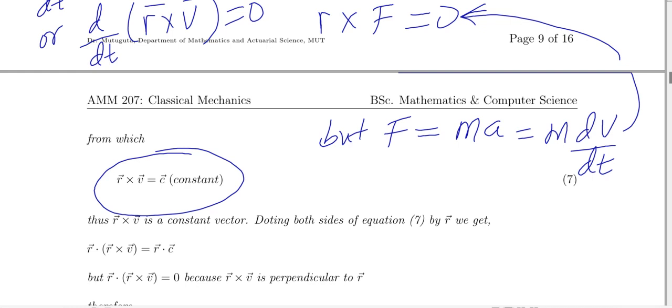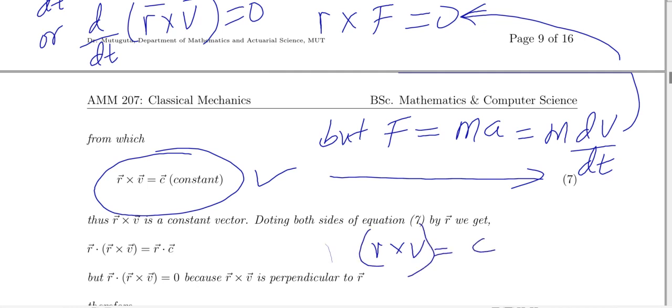Now, if we dot both sides of this equation 7 with r, that is, we have r cross v equal to a constant, we dot this side with r.